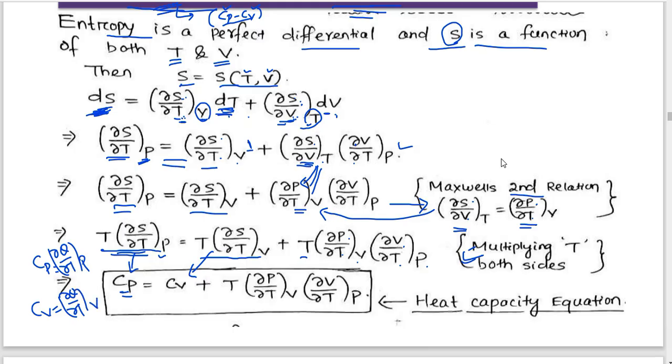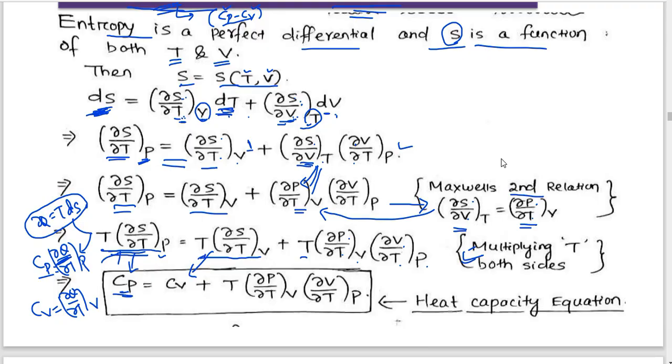We can replace this delta Q as TdS because delta Q is equal to TdS. This is the second law of thermodynamics. We use this here, this formula actually Cp is delta Q by delta T. We use this part will be Cp and this part will be Cv.